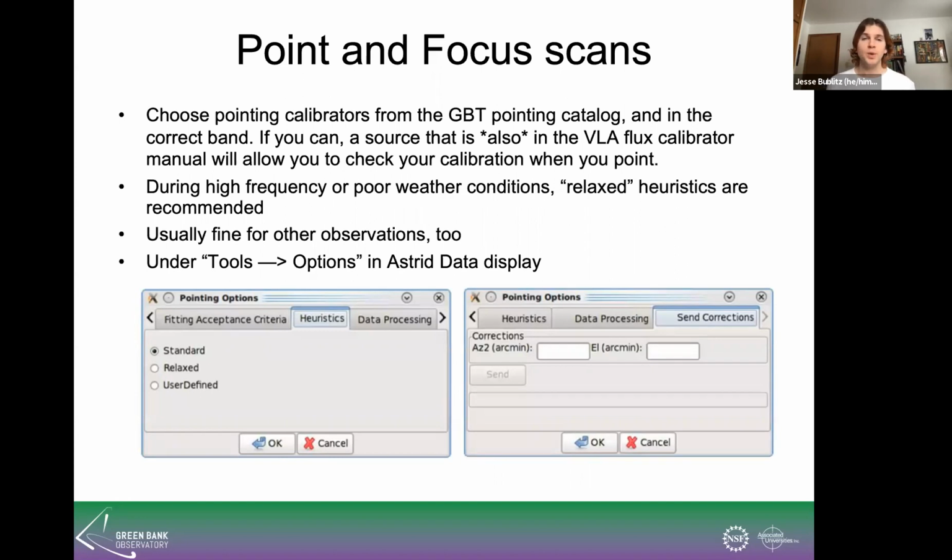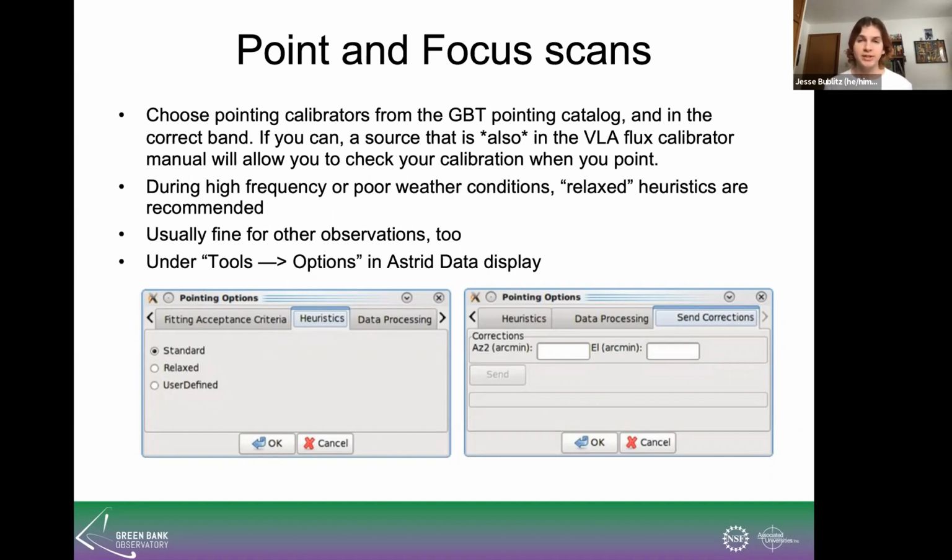So when it comes to those point and focus calibration scans, you want to generally choose calibrators from the GBT pointing catalog in the band that you are using. And if possible, also select a source in the VLA Flux manual, which you can then use to compare with later.